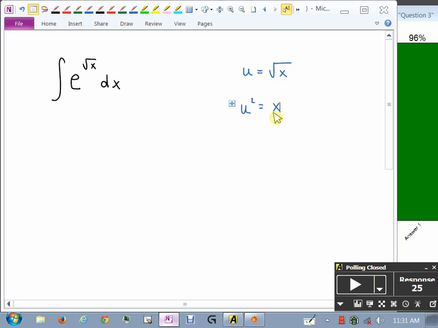Let's just take the derivative right here. But we have to be careful because we have u squared, not just u. The derivative of u squared is 2u du. You have to remember you have to take the derivative of the inside, the derivative of u being du in this case. And then what's the derivative of x on the other side? dx. You see how nice and clean that is?